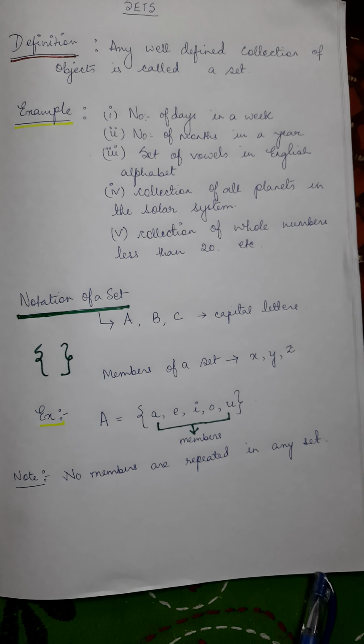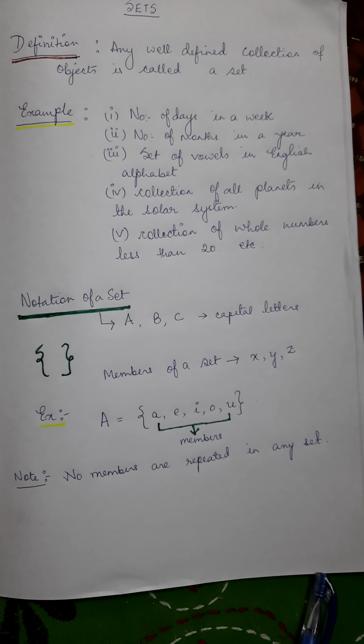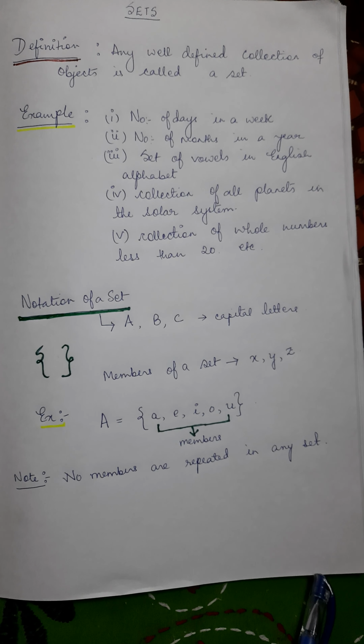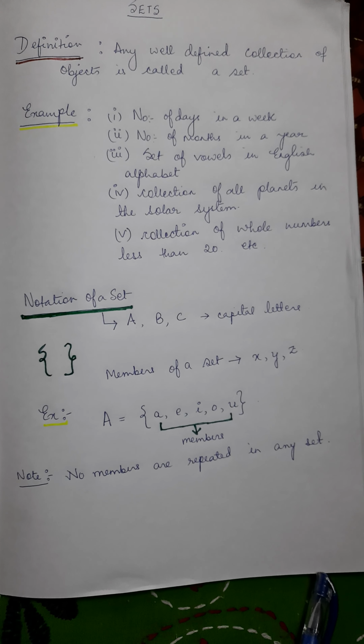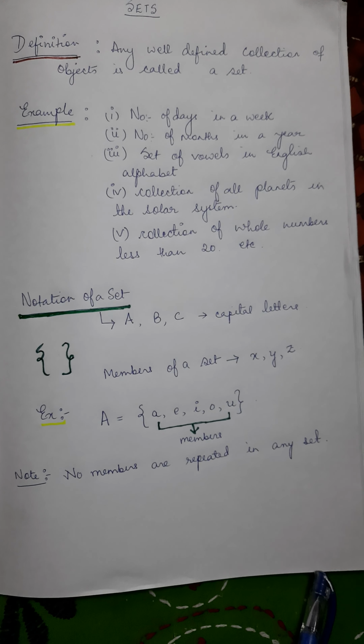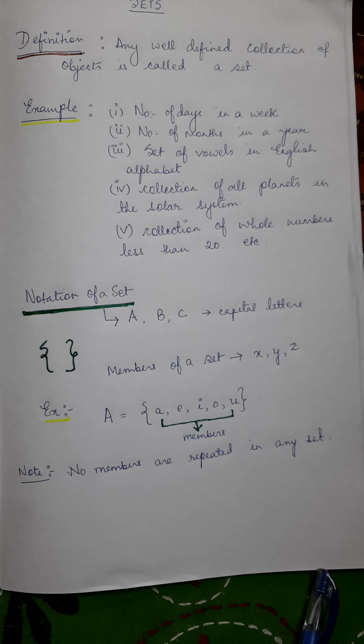Another example, number of months in a year. Set of vowels in English alphabet. You all know what are the vowels in English alphabet. So, collection of all these vowels make a set. Collection of all planets in the solar system.